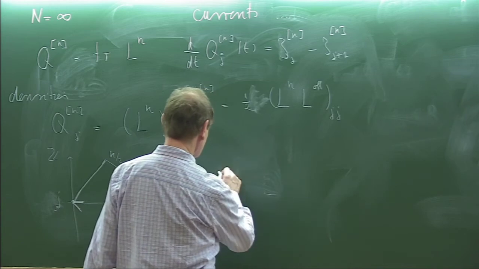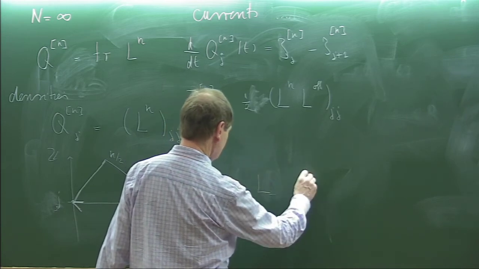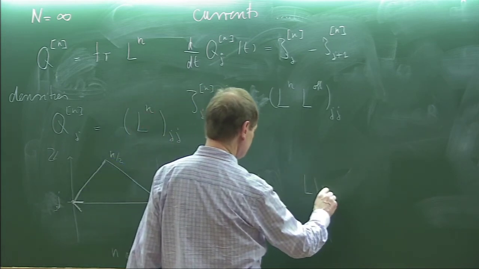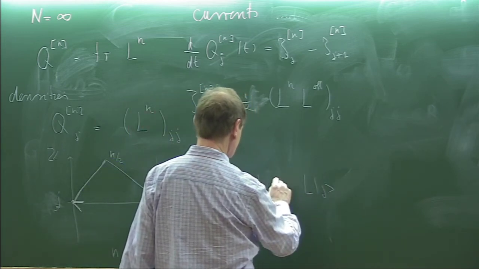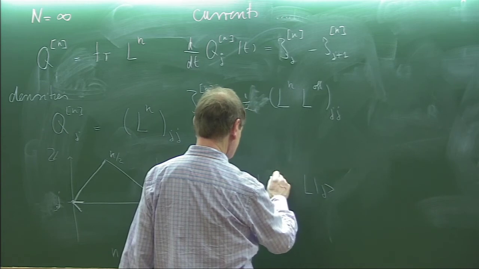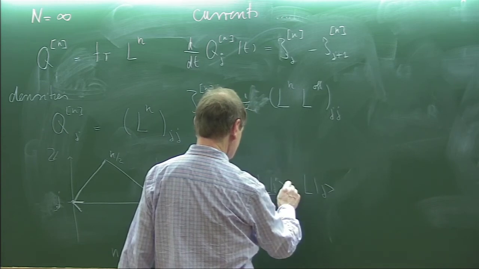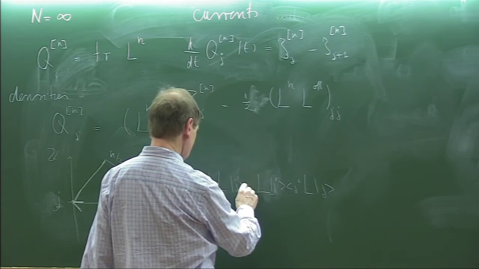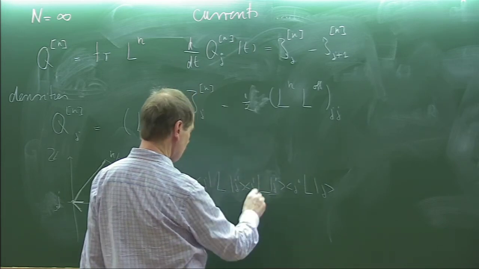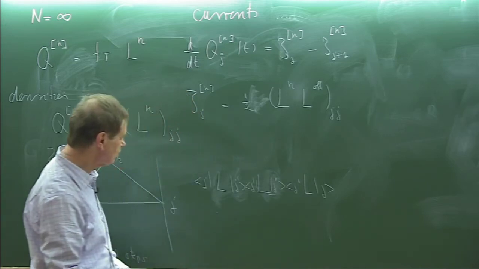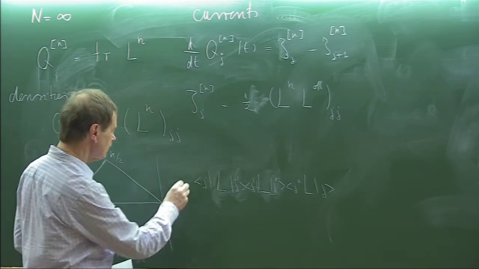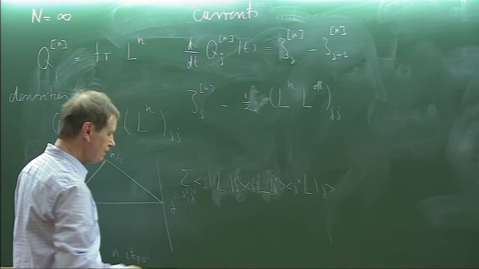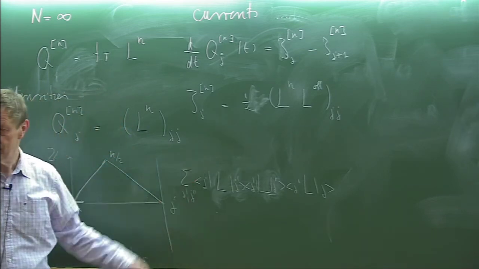Let me write it maybe like this, and then it's the jj matrix element of this, and then I insert, let's say, j double prime, and then I insert j prime. So now I'm using the more quantum mechanical notation, and I do the sum over all j prime and j double prime. This is what I mean by the cube of the matrix.